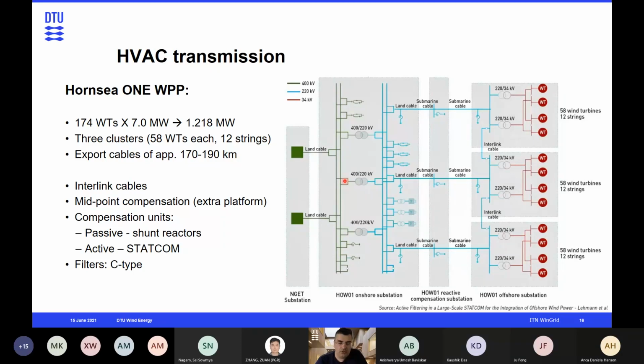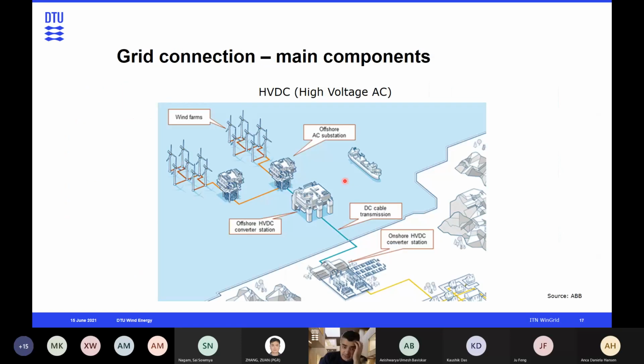So without going into details, what I'm trying to show here is that offshore wind power plants, the very large ones we are building today, already have very complex electrical infrastructure with many components and many filters. If we go to the DC connection, this is high voltage DC. Sorry for the typo.